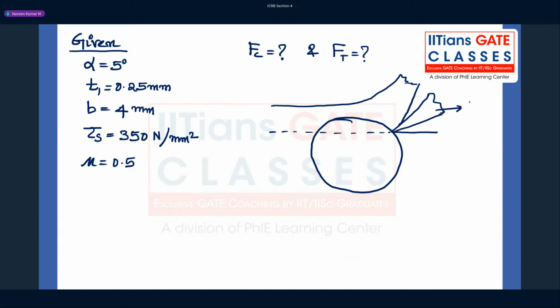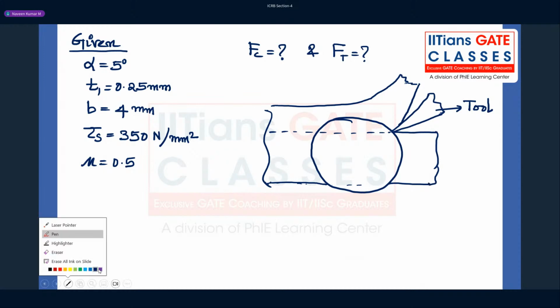This is the tool, and this is your workpiece. I'm not drawing anything inside to make sure you understand the diagram first. This is the chip, whatever is coming out.